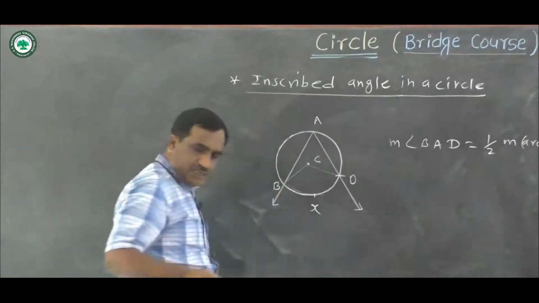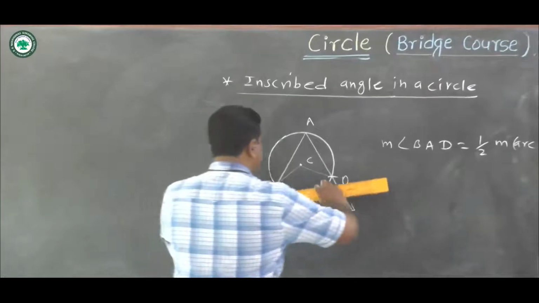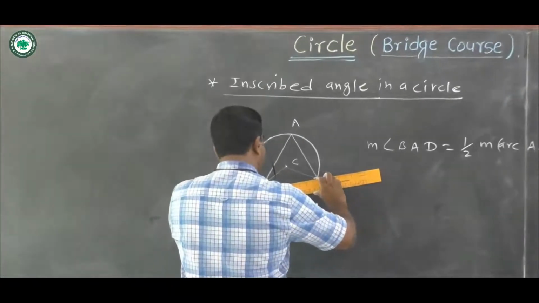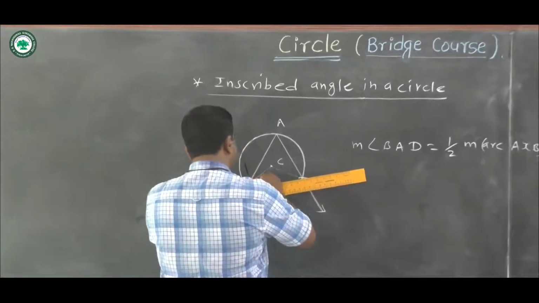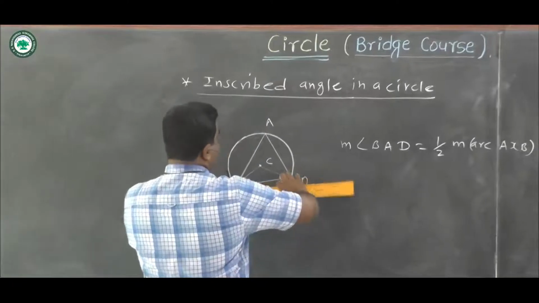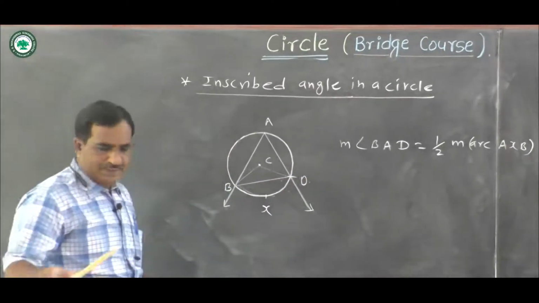That is, if we join these two points B and D, then we get chord BD.